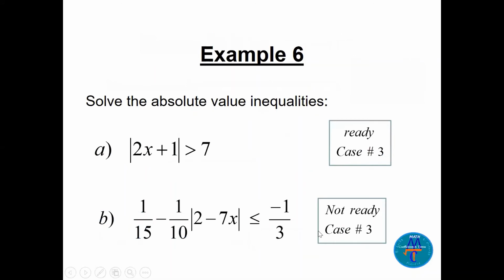I advise you, take a minute, please. Try to rearrange this one here. See, we have 15, we have 10, we have 3, all fractions. Don't look inside the absolute value now, leave it. You have to look at the outside fractions. So this is 3 times 5, 2 times 5, and 3.